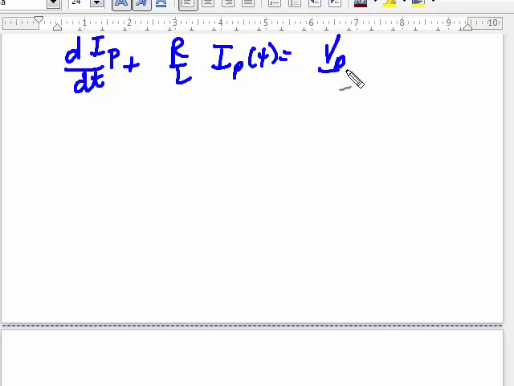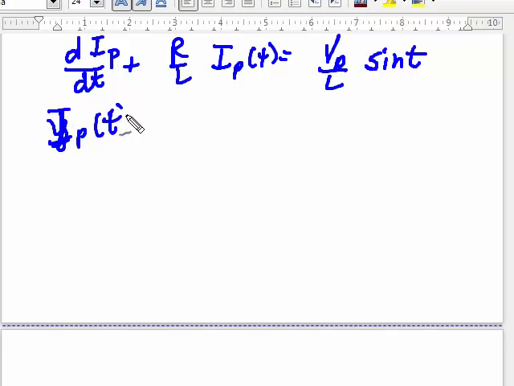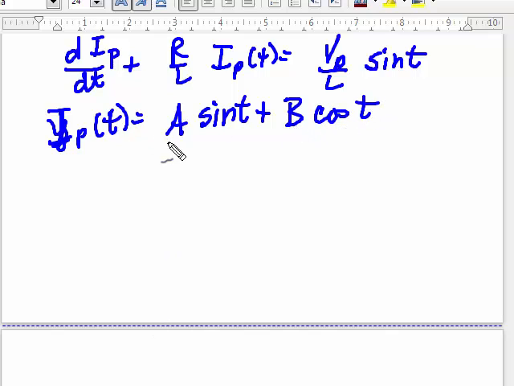The reason there's an L is to get it in that standard form. And I choose the particular solution, sorry, should be I of p, to be some coefficient a times sine t plus the coefficient b times the cosine of t. And now I have to determine the coefficients a and b.